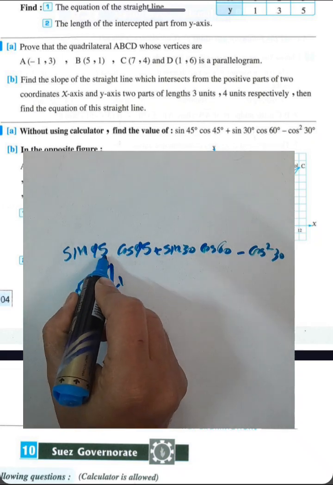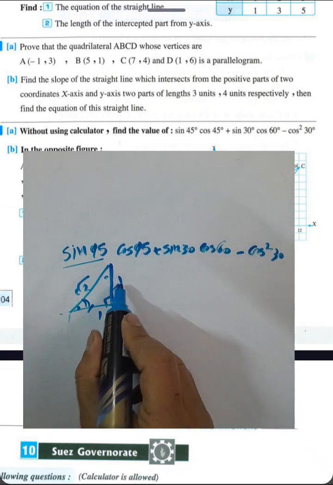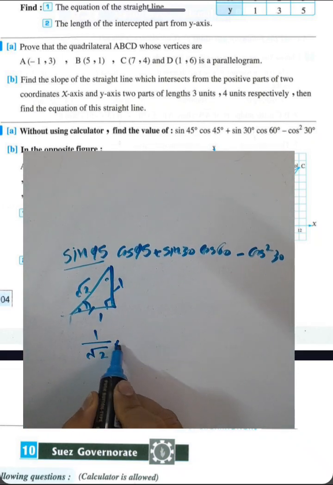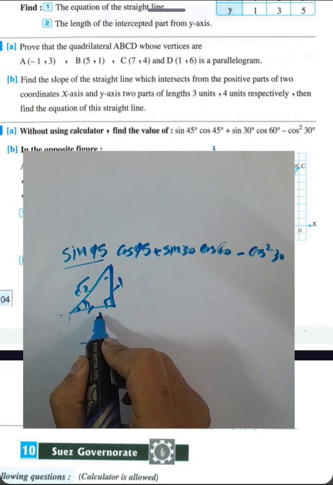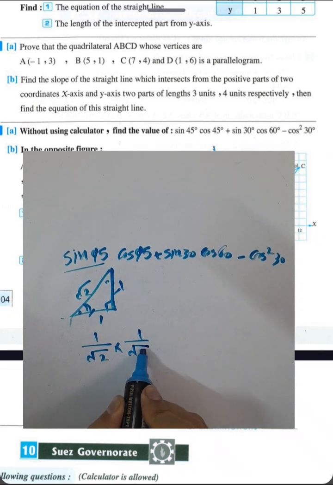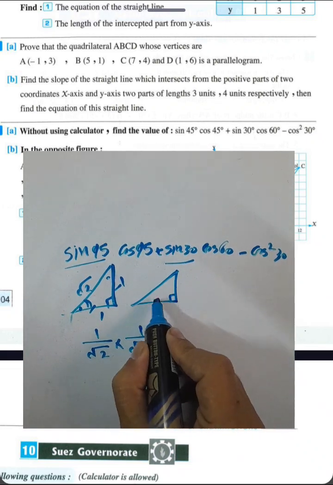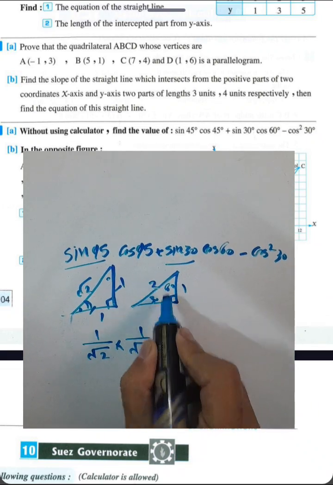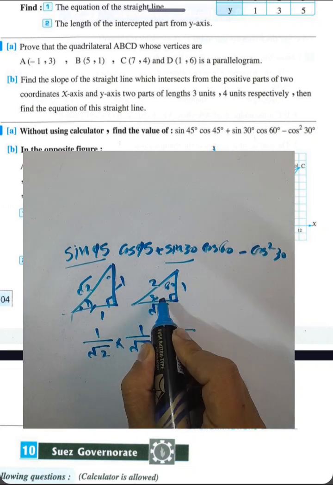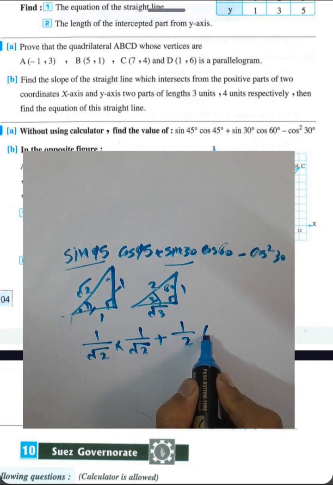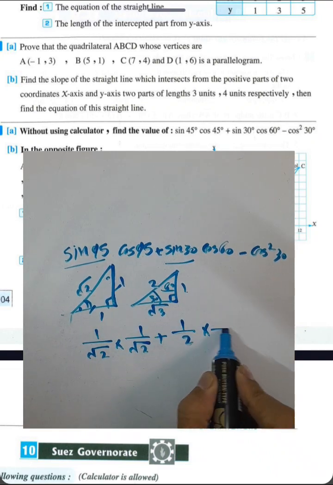Sine 45 here is 1 over root 2, and cosine 45 is adjacent over hypotenuse, 1 over root 2. Sine 30, from another triangle, 30 and 60, sides 1 and 2 and root 3. Sine 30 is 1 over 2. Cosine 60 is 1 over 2.